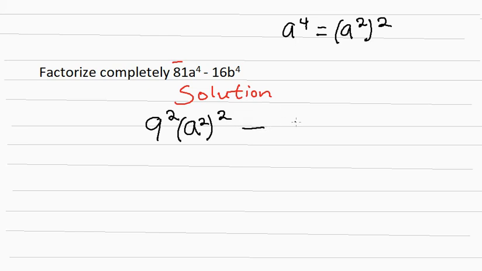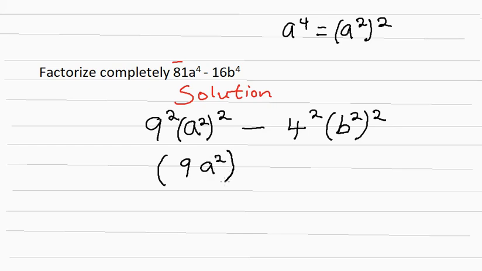The minus 16, you know very well that's going to be 4 squared. Then here I have b to the power 2, all squared. Since I have 9 squared and a squared is also a square, I can put 9 and a squared in one bracket, then square it.